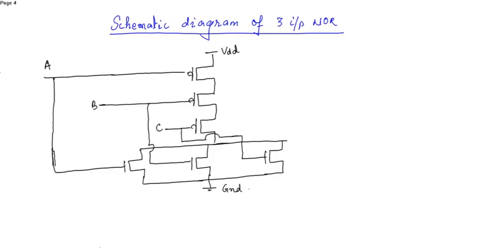So now this is P1, this is P2, this is P3, this is N1, N2 and this is N3.